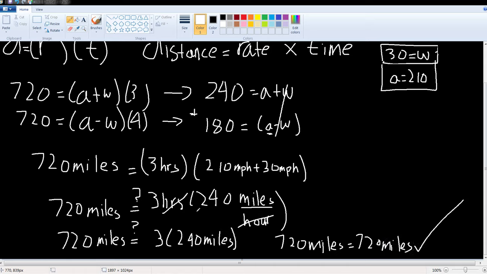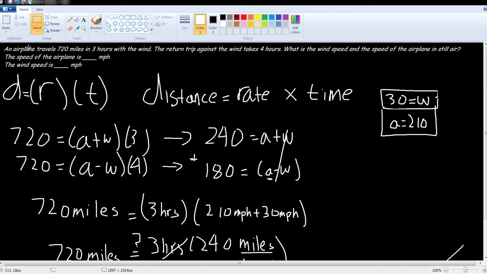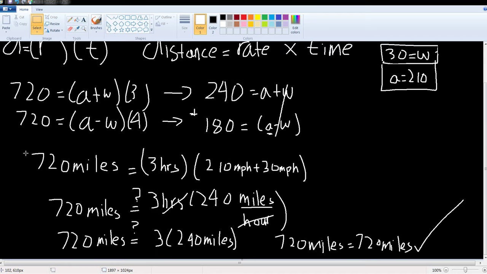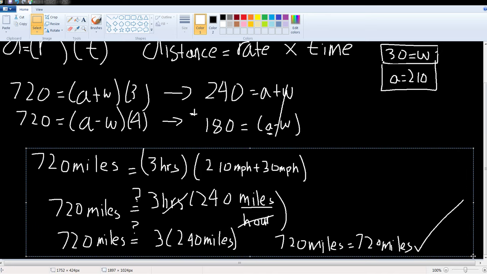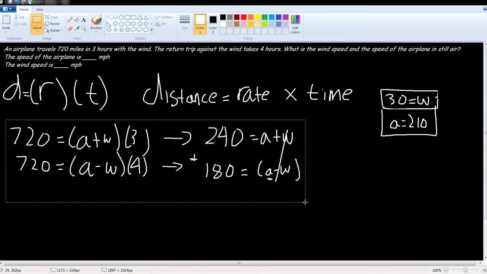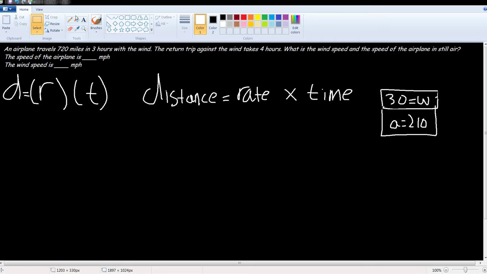So we put a check. So we checked it for the first set of conditions. An airplane travels 720 miles in 3 hours with the wind, and it actually worked. Now we need to check the second one, the return trip. The return trip is still the same distance, but the rate is a little bit different because we're going against the wind.